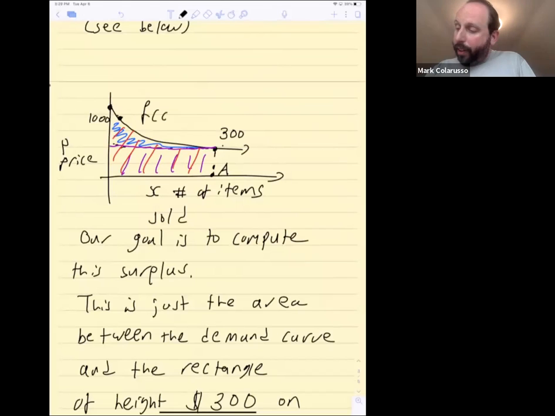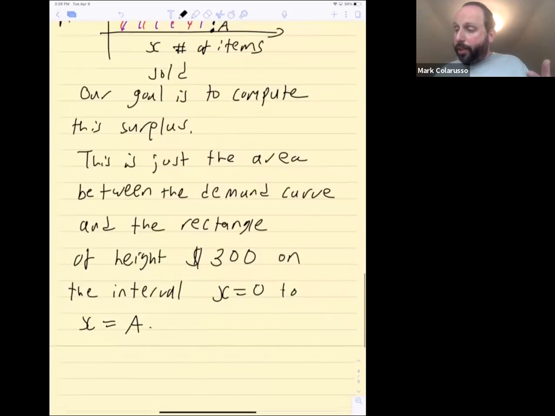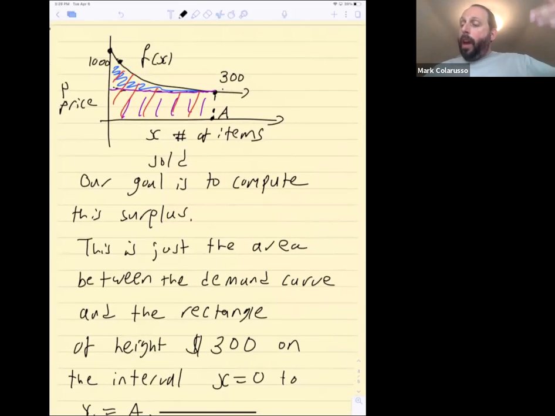So remember, this curve is f of x. So we take the difference of the area under the demand curve and the area of the rectangle, right? That's how we do the area between two curves.